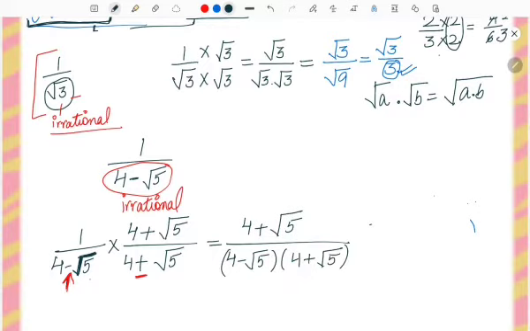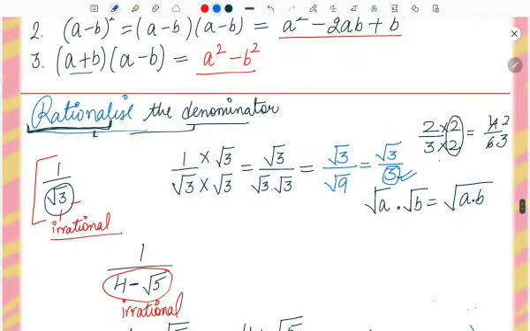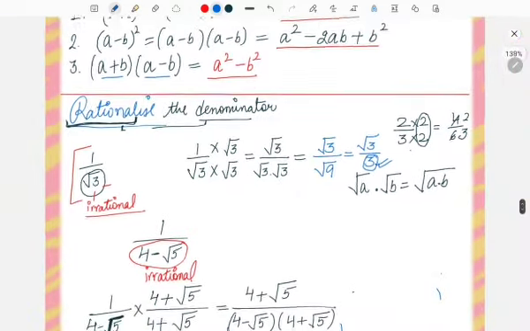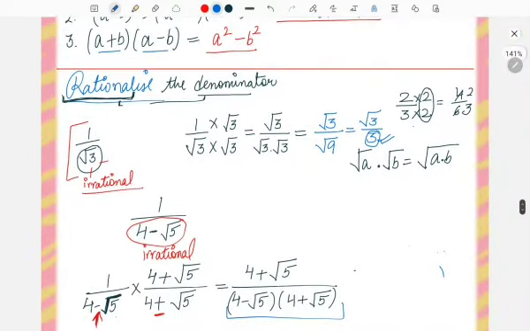Now here is where the identity comes into play. If you can see, this is the identity where the numbers A and B are the same, but the signs are different in the brackets. Only the signs are different. So what does this become?